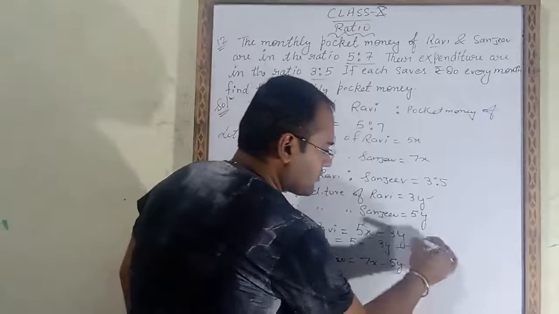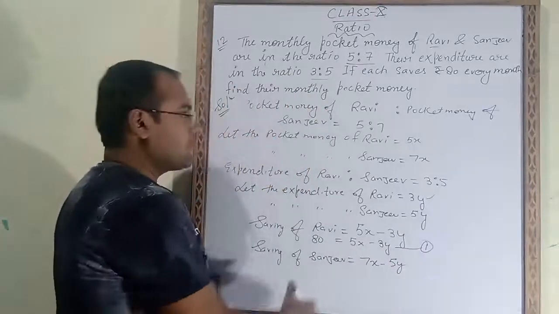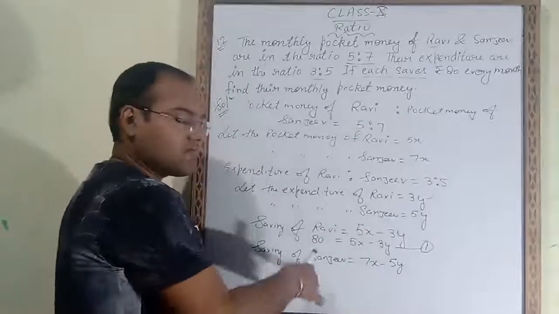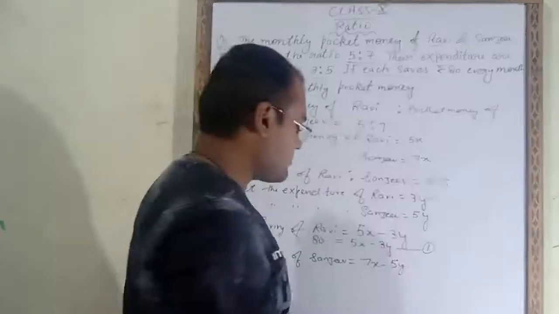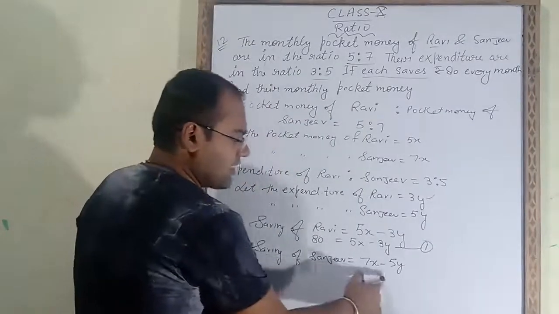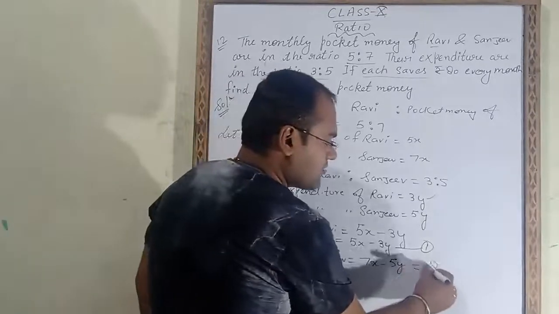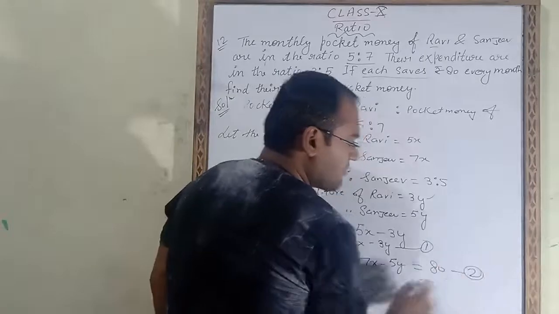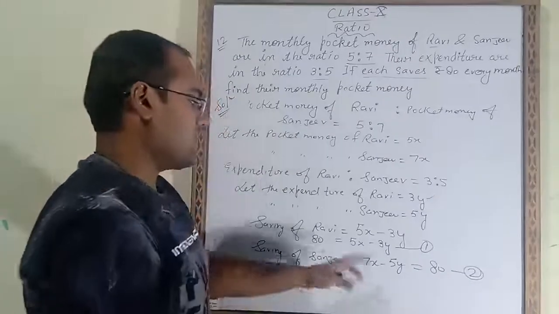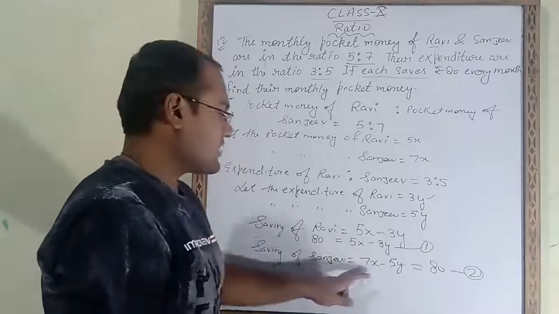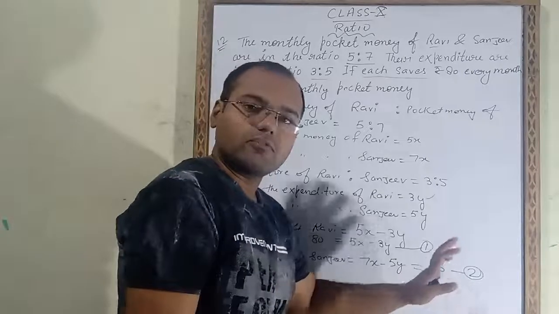This will be equation number 1. Similarly, each person saves 80, that means saving for Sanjeev is also 80. So 7x minus 5y is equal to 80. This is equation number 2. Now we are having two equations: 5x minus 3y is equal to 80, and 7x minus 5y is also equal to 80.